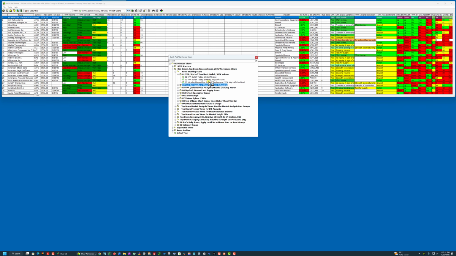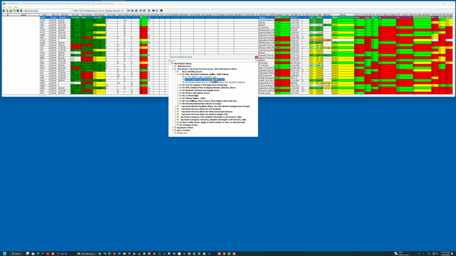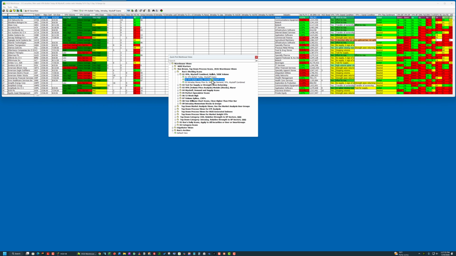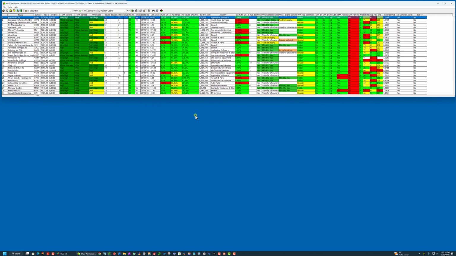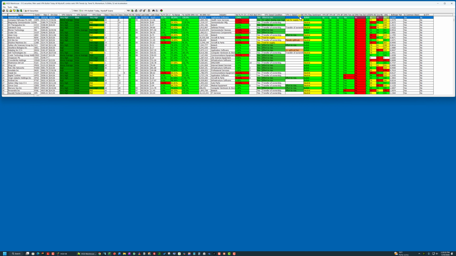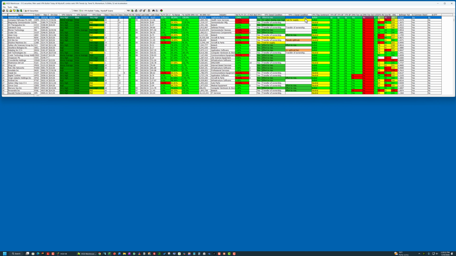There's also intraday, and since I'm not on intraday, I can't use these two right here, so we'll stick with this one. This is just a demo anyway. So what do we have here? We have bullish scans in this conditional column, and this is the prior day, VPA -1.